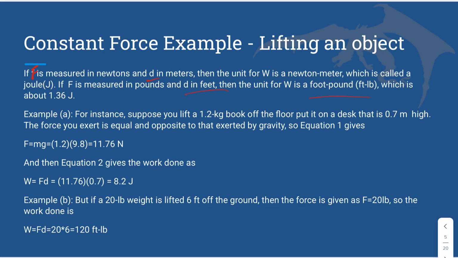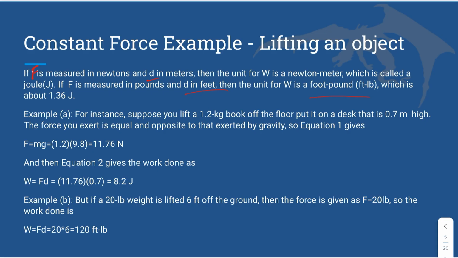Now, let's look at an example in the metric system. We have a 1 kilogram book that's lifted off the floor onto a desk that is 0.7 meters high. Before we can say work is equal to force times distance, we have to actually find the force, because right now we have it in terms of mass. Because we assume that acceleration is constant, the gravity on Earth, the force you exert is equal and opposite that.